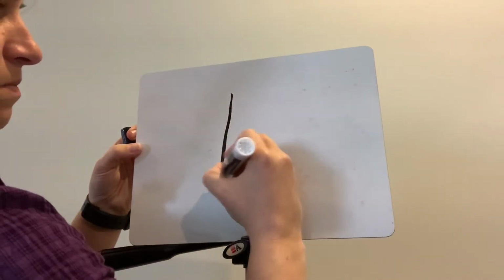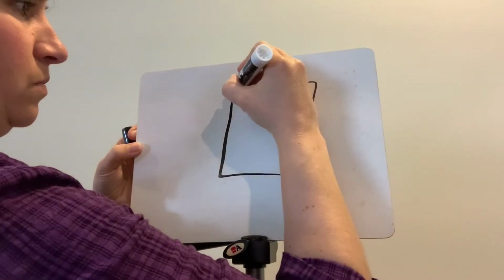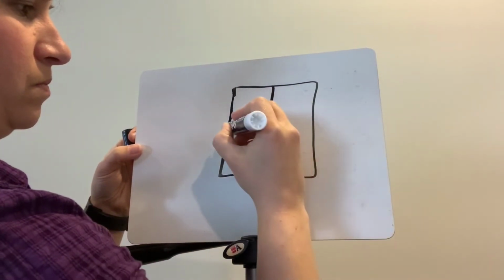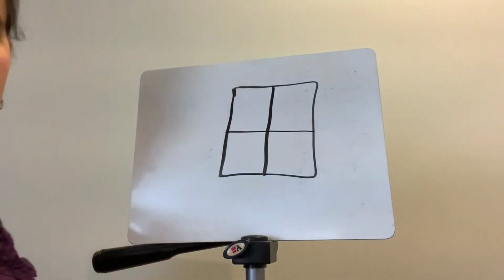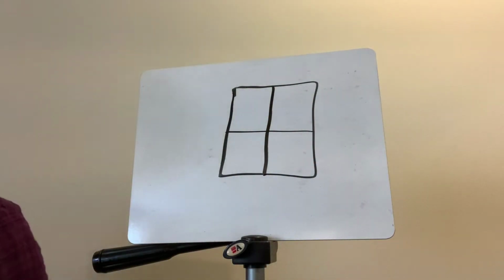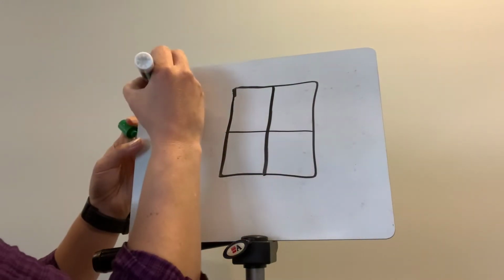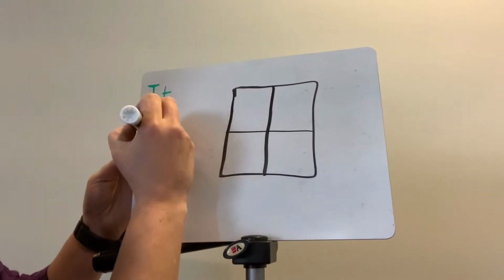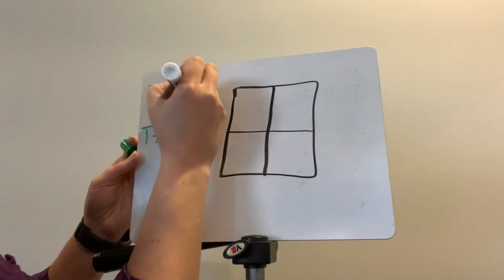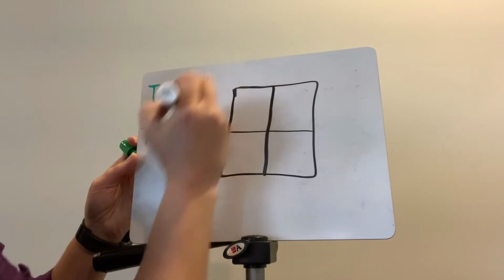Again, we set up our Punnett Square. We know that our two parents are going to be capital T, lowercase t, capital T, lowercase t, which means they're both tall.